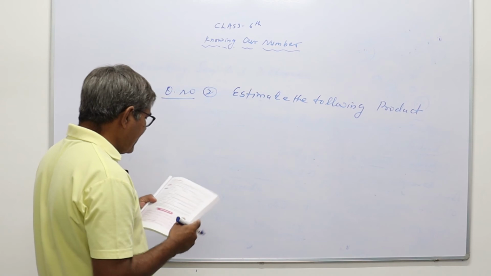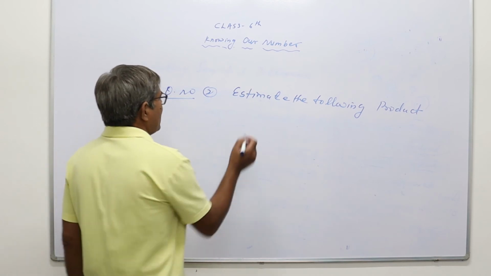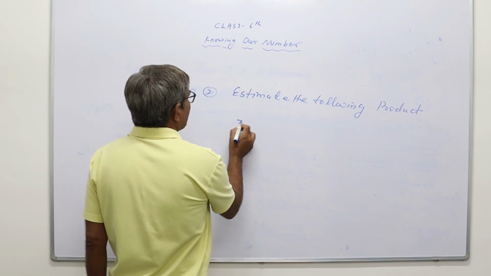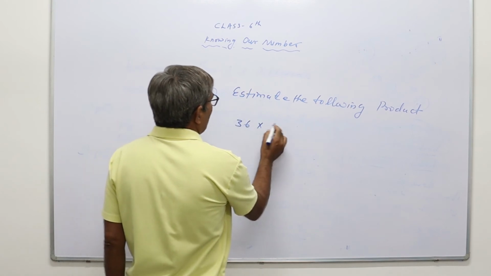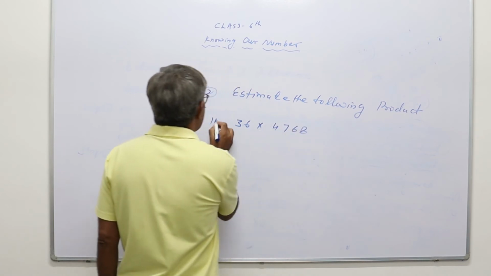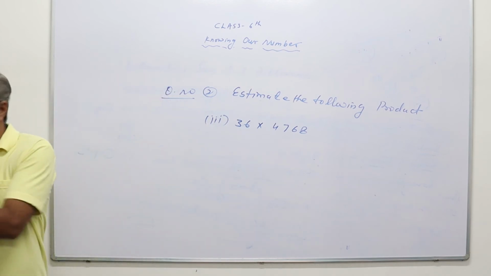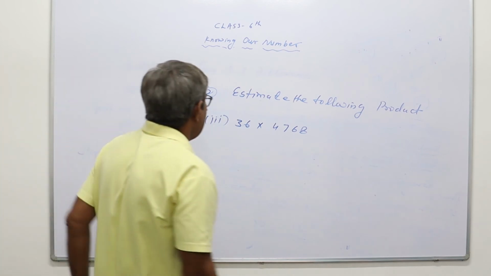So the next question is multiplication of 36 into 4768. This is question number 3 for the multiplication before estimating.